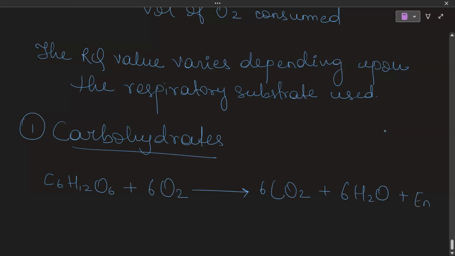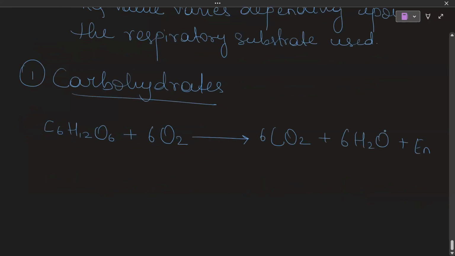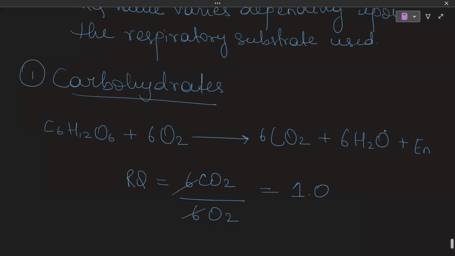I mean, we are not giving out, the plants are. So the RQ of carbohydrates will be 6 CO2, how many CO2 are evolved upon how many O2 are being used? What will be the answer? 1, right? Because this will be cut, isn't it?